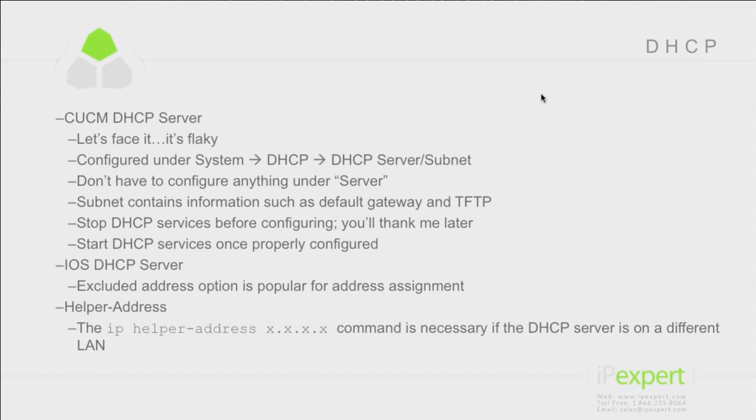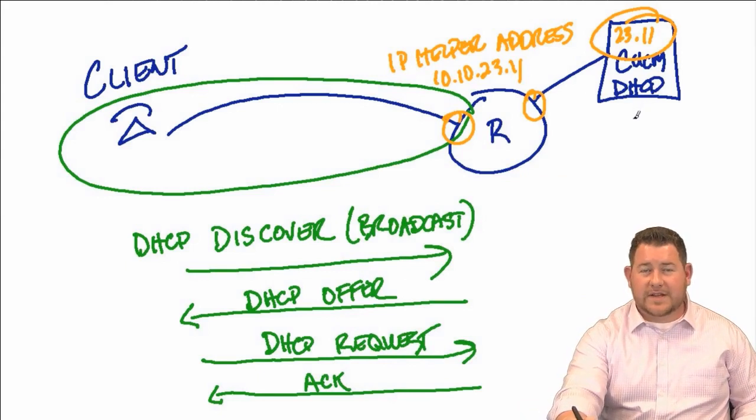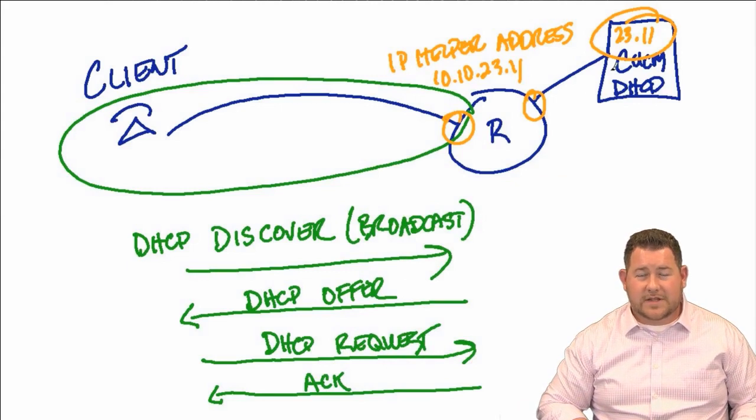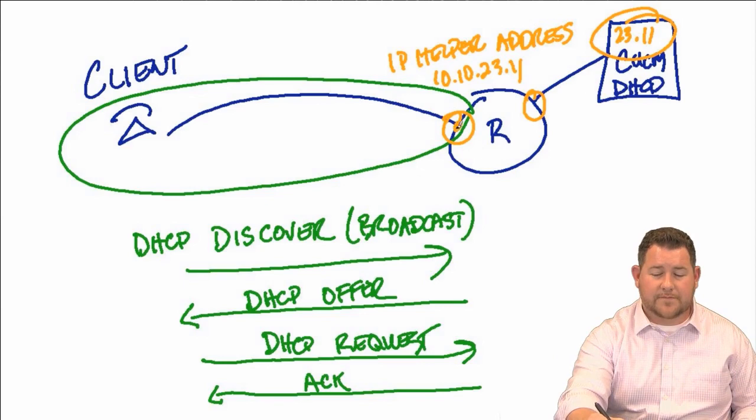Of course, if it's on a different place somewhere, then you have to make sure that that helper address command is in there. So this CUCM server then is going to be the DHCP server for this client, provided that it has the IP address that is in that subnet of this interface here.